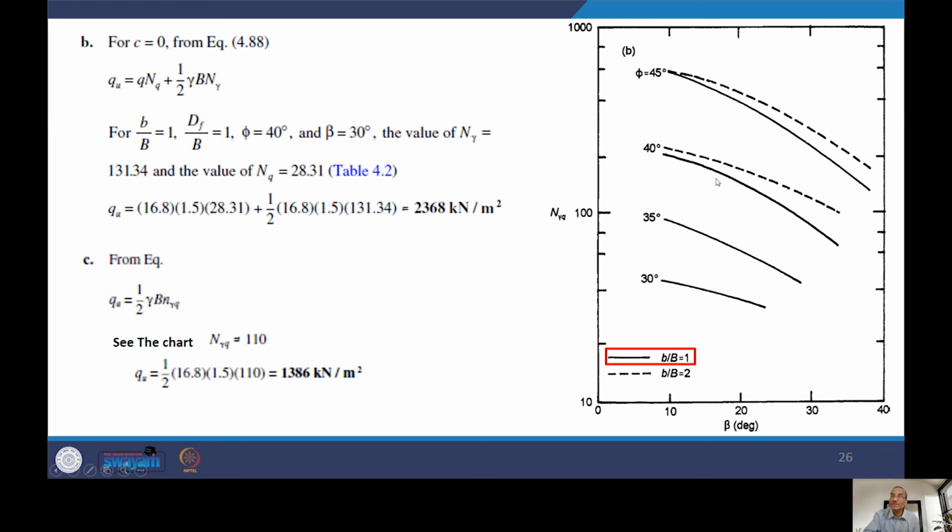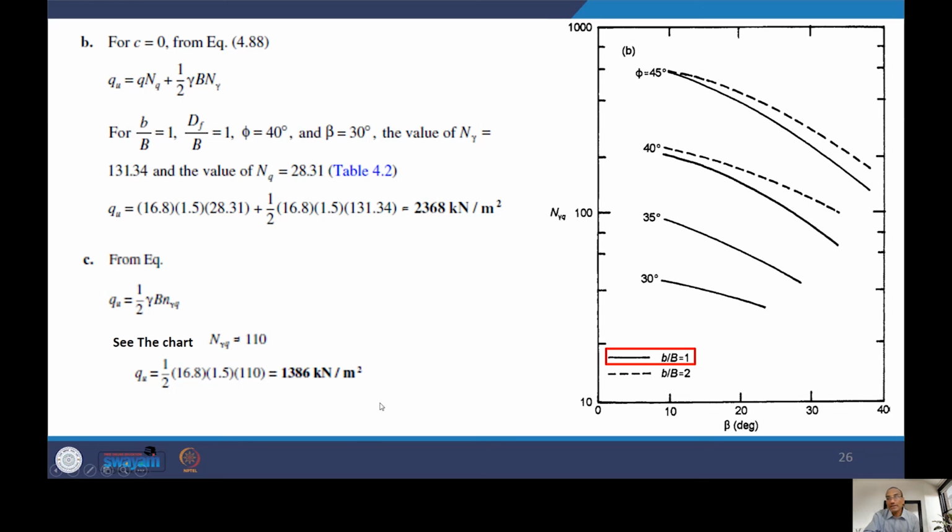Out of these two lines, you collect the solid line, and for beta equal to 30 degrees, you read. Once you raise here, you will come up somewhere. This value is more than 100, and N gamma q is about 110. So once you put this number, you get 1386 kilonewton per meter square, the ultimate bearing capacity.